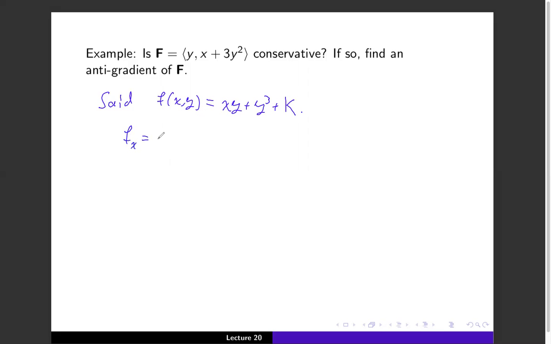Well, f_x is going to be y, and yes, that is indeed P(x,y). So that's good. f_y, meanwhile, is x plus 3y squared, and that is indeed our function Q(x,y). So that's good too. The point is you can always check your work. That's the good news here. Mostly it's good news. Everything we're doing at this point in the semester is mostly all good news.